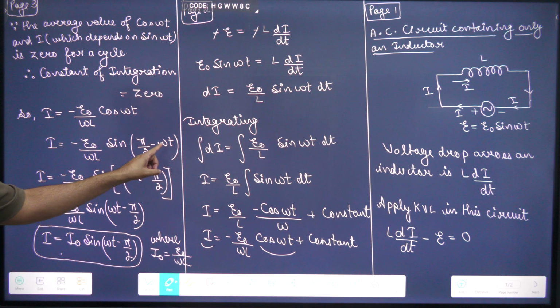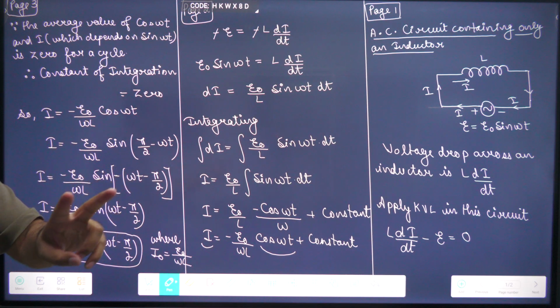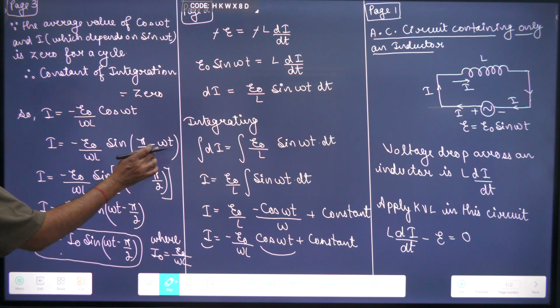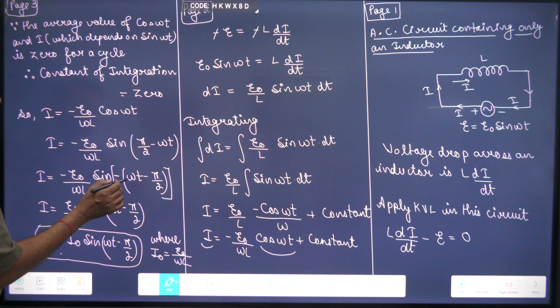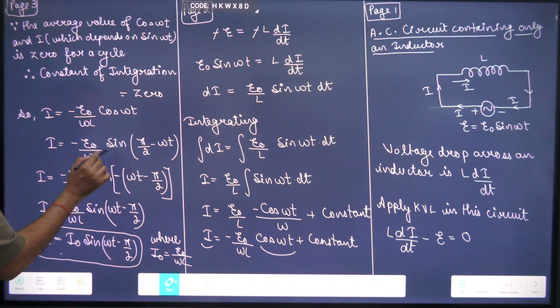To bring this omega t at first place and make it a positive omega t, I have taken this negative sign common, and this served two purposes. By taking negative common inside the bracket, it has made omega t positive, and sine minus theta is minus sine theta.